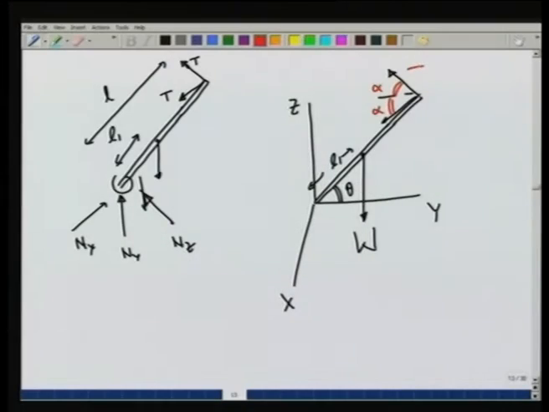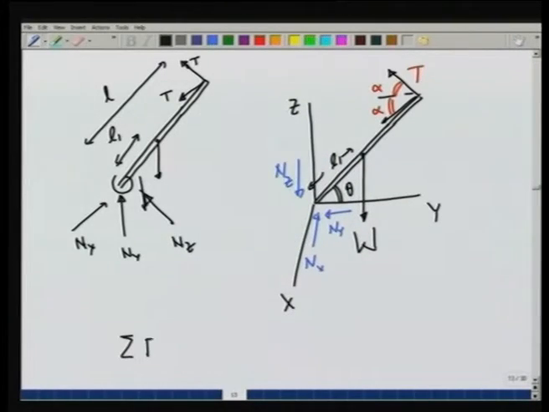We want to find out the tension in the rope and the forces N_x, N_y and N_z. At this point, I am making all the forces towards the origin, but it does not matter.